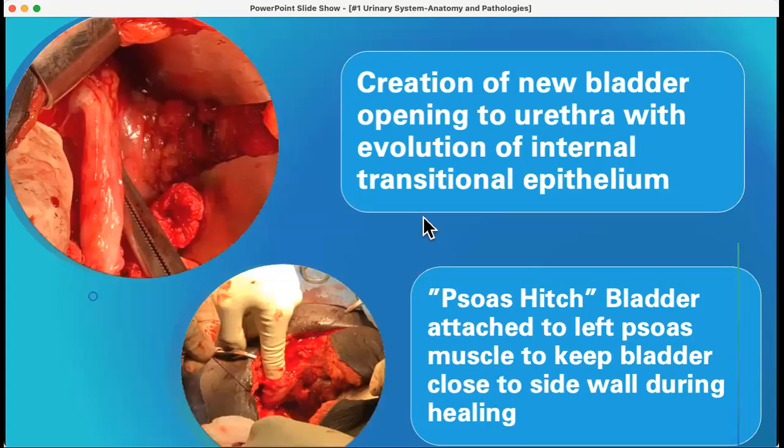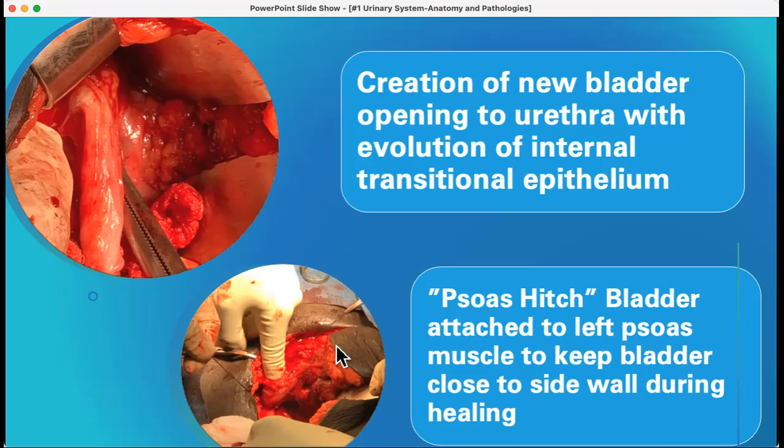So the treatment for this is cutting the insertion site into the bladder and then developing another opening into the bladder. So in doing that, he evoluted some of the internal transitional epithelium, this is the bladder. So forming a new opening to the bladder, and then taking the ureter and placing it in this new site.